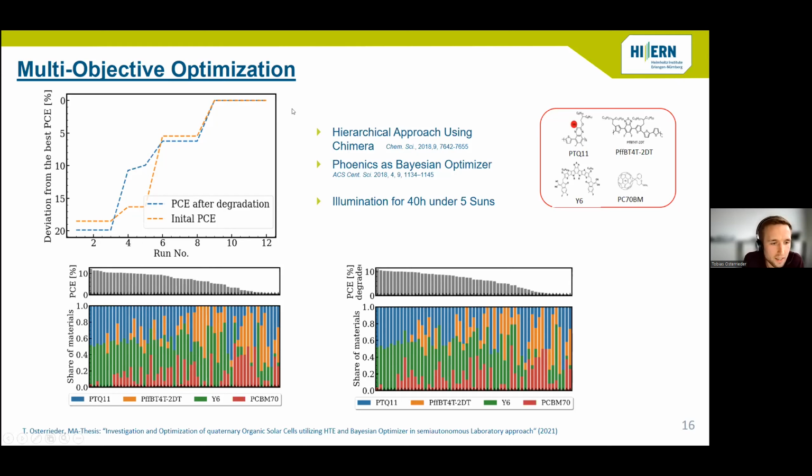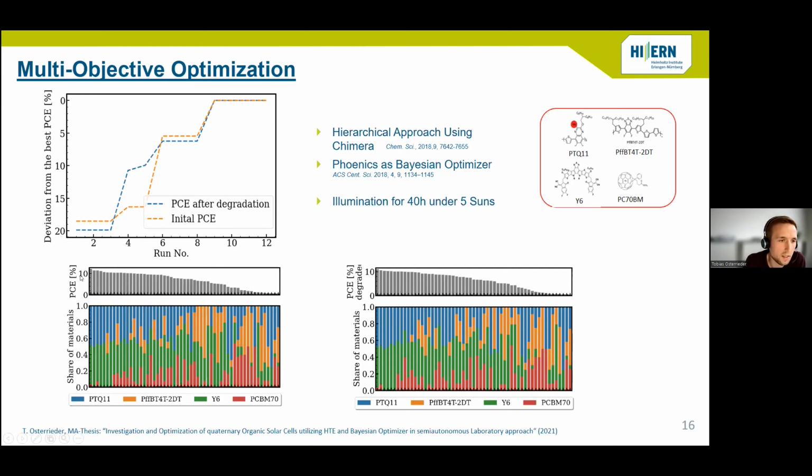In this case, it was a very trivial multi-objective optimization, because the cell with the best initial efficiency also had the best efficiency after the degradation, which is not super unexpected because they're obviously connected with each other. But you can also see here that around runs 4 and 5, the optimizer found some cells that had quite good stability, but the efficiency of the cells wasn't that good. So it tries to improve that further, and after 9 runs, it found the best cell, which is a PTQ11 Y6 cell with a little bit of PCBM.